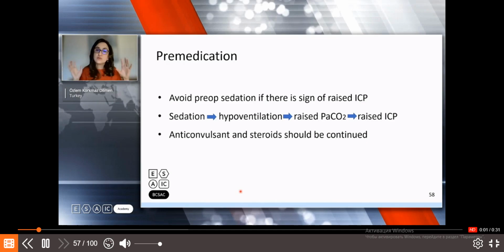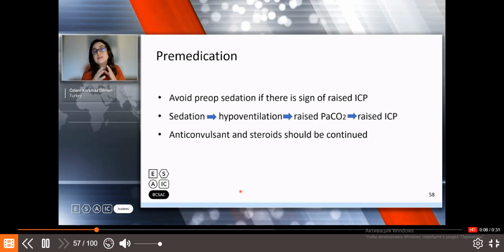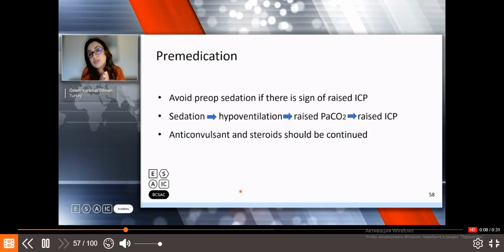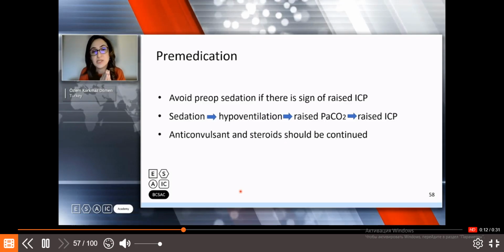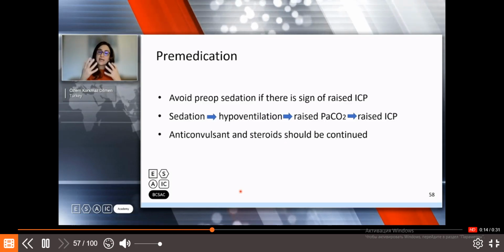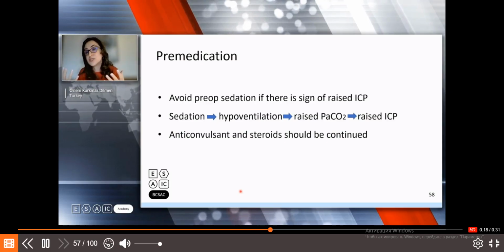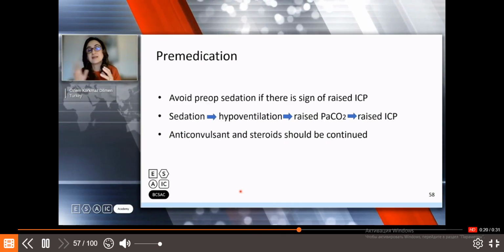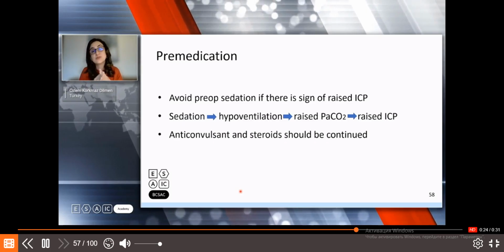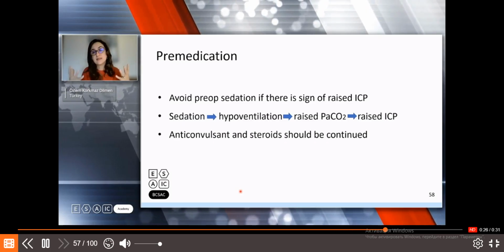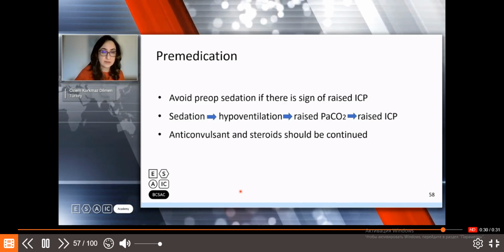For supra and infratentorial craniotomies, we need to avoid preoperative sedation if there is a sign of elevated intracranial pressure. Sedation can cause hypoventilation, and that's why PCO2 accumulates and intracranial pressure rises. Anticonvulsants and steroids should be continued in the perioperative period.